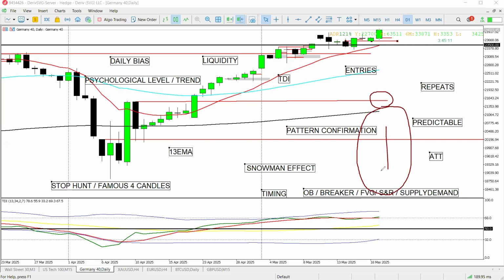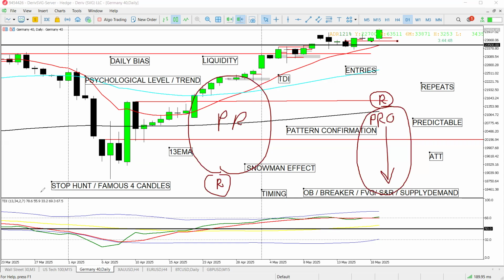If you're selling, this has to be your risk, and these have to be your profits right here on the bottom. And if you're buying, this has to be your risk, and this has to be your profits on the top. Your risk has to be smaller, and your reward has to be higher.